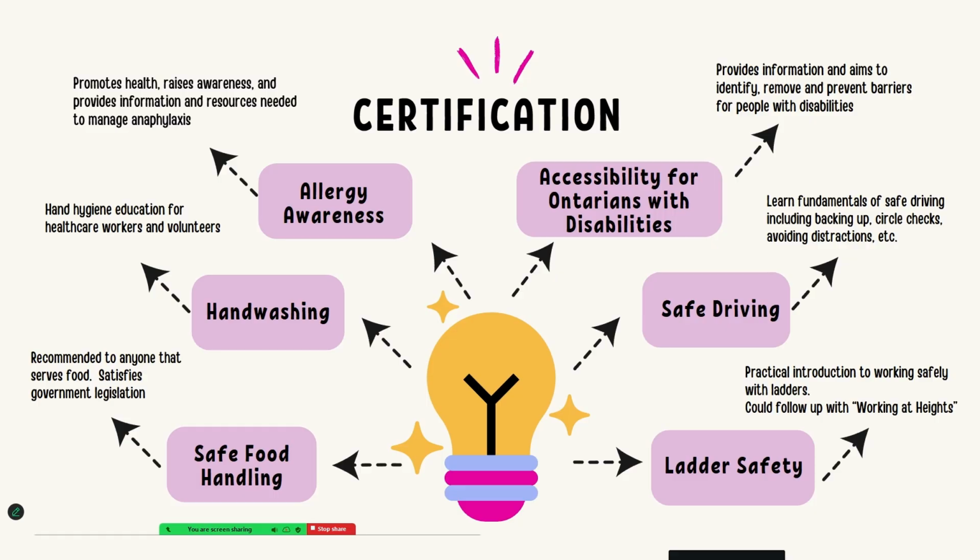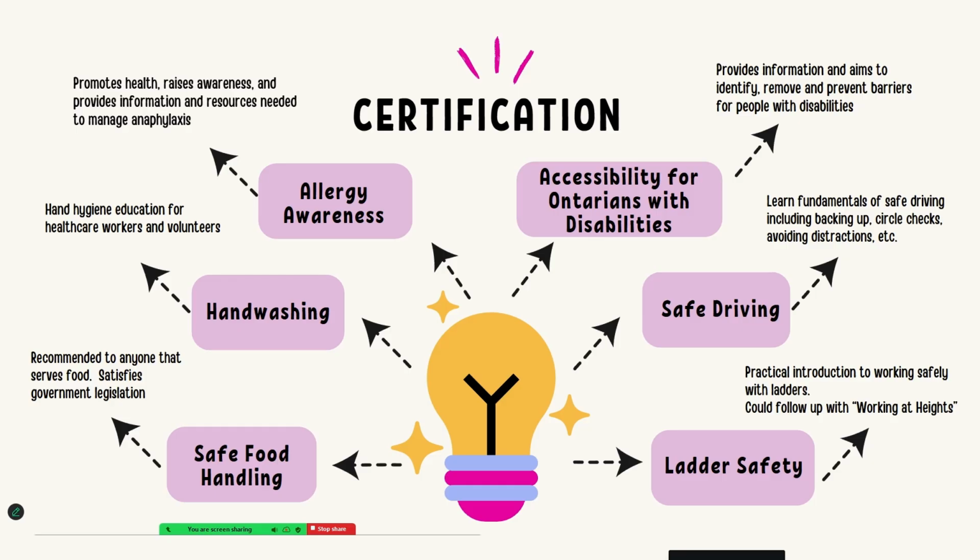Depending on your workplace, you might have safe food handling, you might have hand washing, you might have allergy awareness, you might have accessibility for Ontarians with disabilities, you might have safe driving, ladder safety. If your place of employment makes you do any kind of HR training videos, usually you get something after them. Save them, print them out, include them.